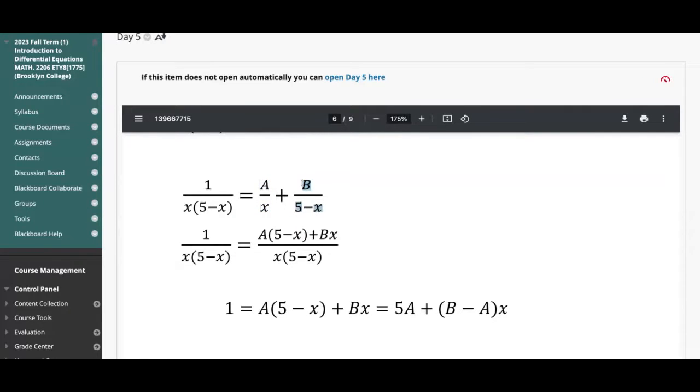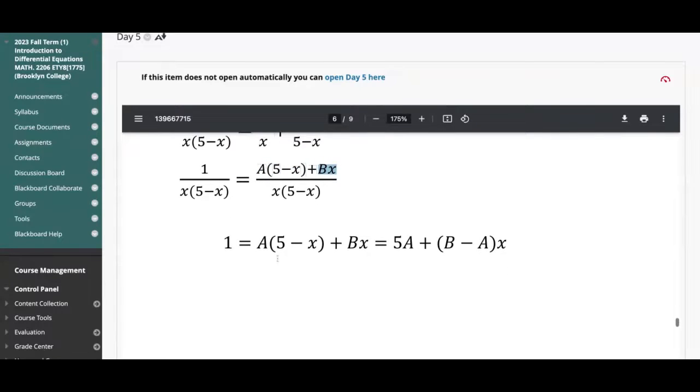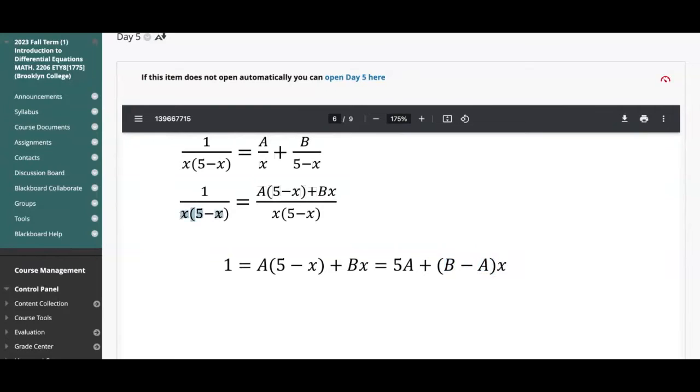Okay, I got it. Yeah. Your second term, you multiply by x over x, so you get this. Now you distribute a, you get 5a minus ax plus bx. You get 5a plus (b minus a)x. Because the denominators equal each other, the numerators have to be equal.